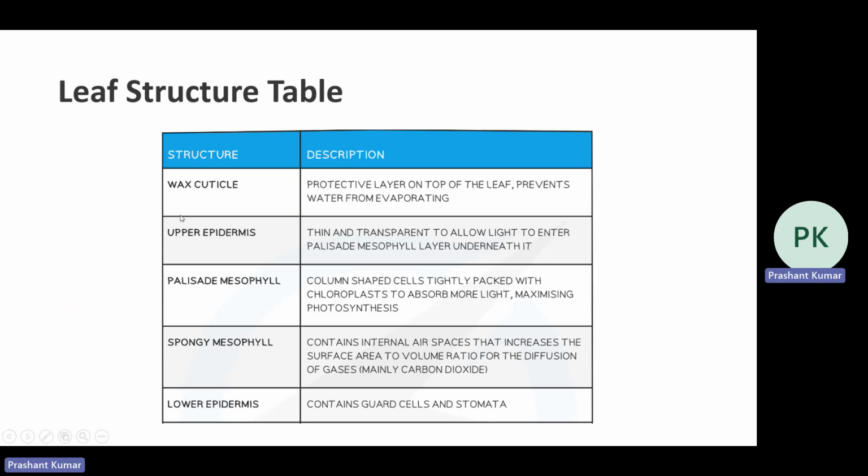After that, we have the upper epidermis. Again, it's a thin layer and it's transparent, so that the light falling on the leaf reaches the palisade. Palisades are column-shaped cells. They are tightly arranged and they have chloroplasts, which contain chlorophyll that absorbs sunlight.